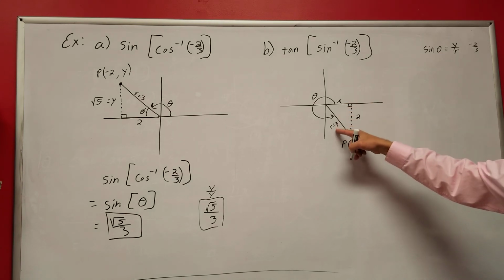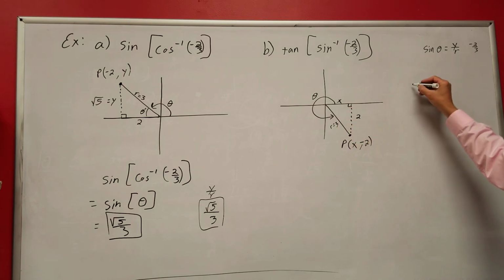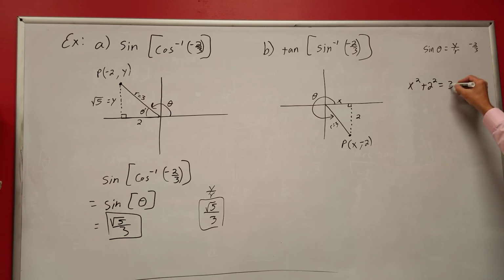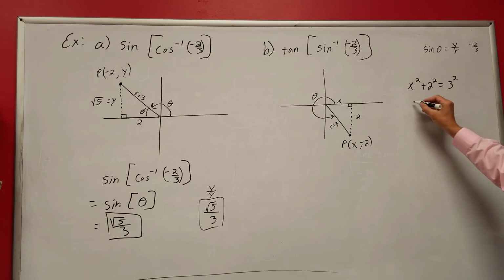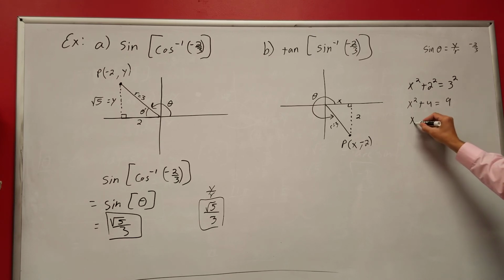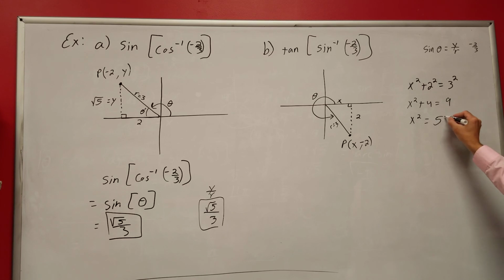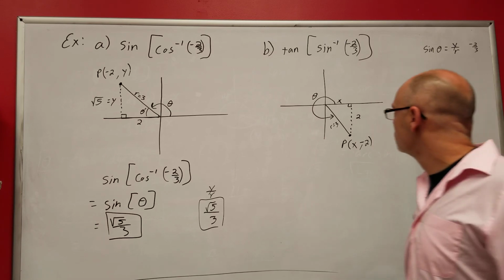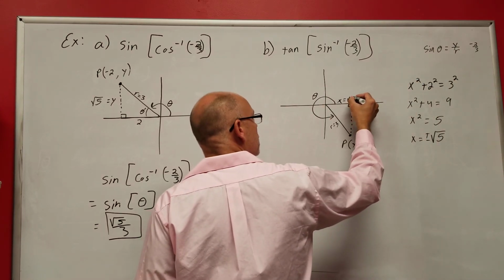How do I find x if I look at this triangle? Use the Pythagorean theorem. X squared plus 2 squared is equal to 3 squared. So x squared plus 4 is equal to 9. X squared is equal to 5. So x is equal to the square root of 5, right? All right, so this x is square root of 5.